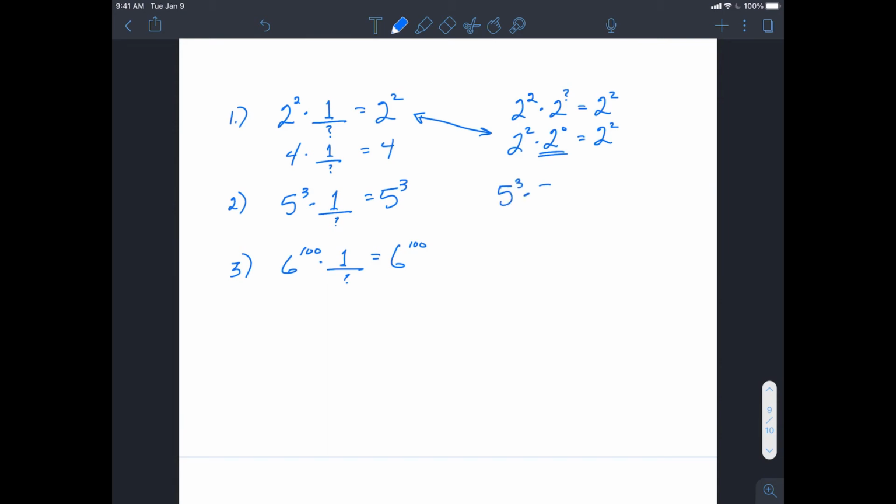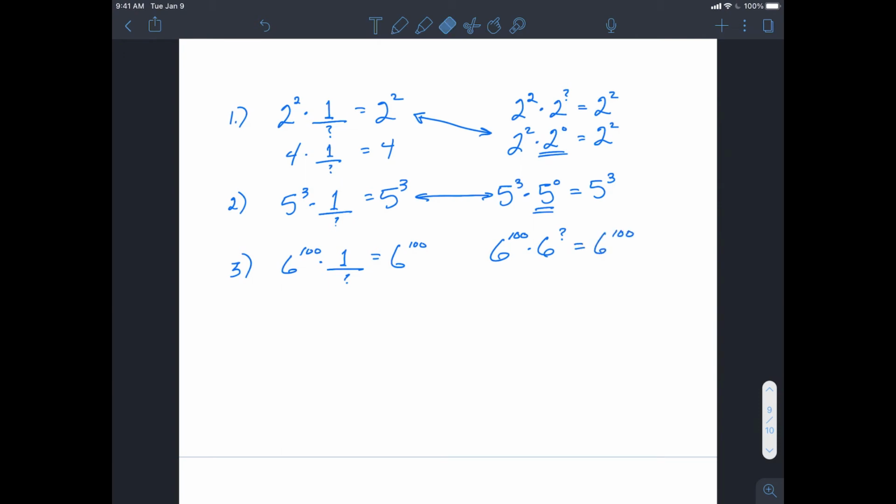Let's try that with 5 to the third. 5 to the third times 5 to the 0 should equal 5 to the third. 3 plus 0 is 3. That makes sense. And that means that 5 to the 0 should equal 1 as well. And the same thing with 6 to the 100 times 6 to the something equals 6 to the 100.